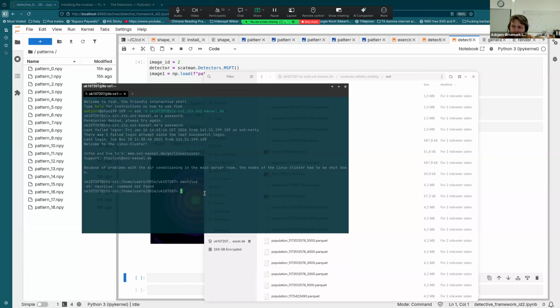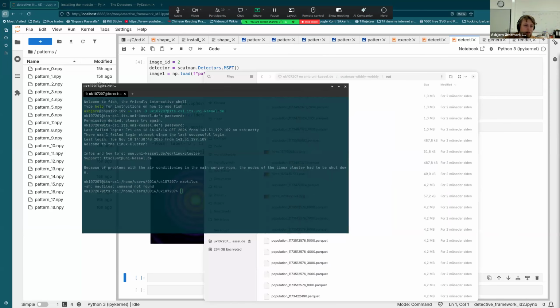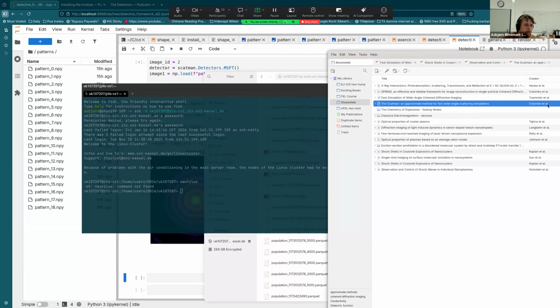If you want a good overview of how this MSFT works, there's a paper on it by Alessandro Colombo, and it's called the Scatman.